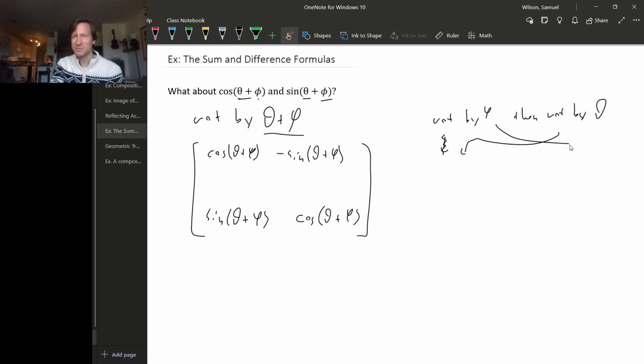And then the matrix for rotation by phi, write that one second. Rotating by a sum of two angles is the same as rotating by one of them and then rotating by the other one. That's just going to add up the angles.